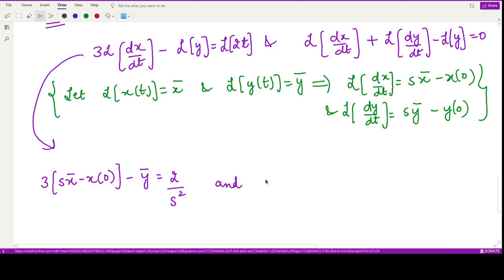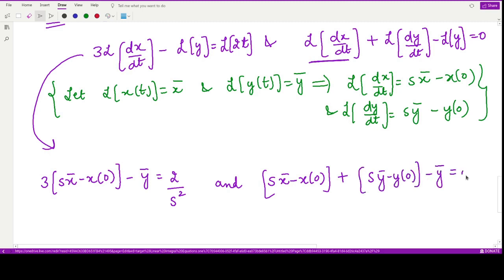And for the second equation, we have s into x bar minus x of 0. So this is according to the first term. And then according to this term, s into y bar minus y of 0, and minus y bar is equal to 0.